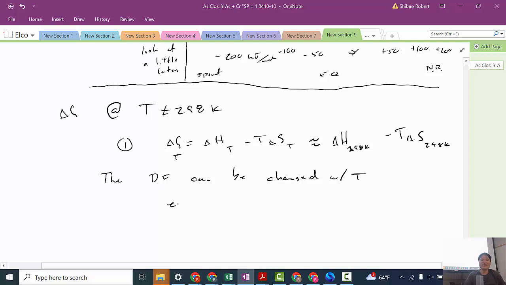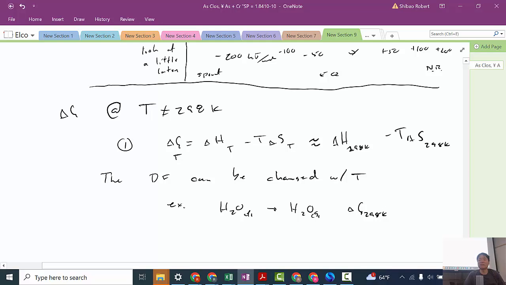An example of this would be, let's say we go from H2O liquid to H2O gas, and we calculate delta G at 298 Kelvin. Even though some water will evaporate, most of it will stay liquid.